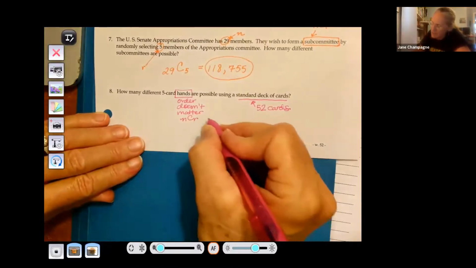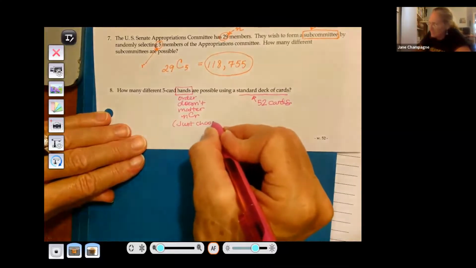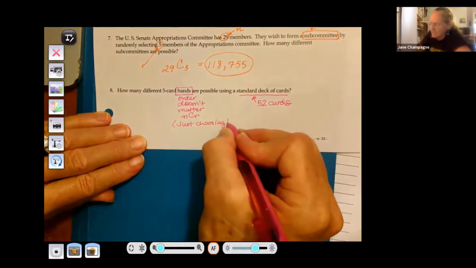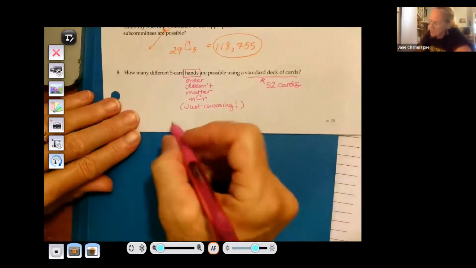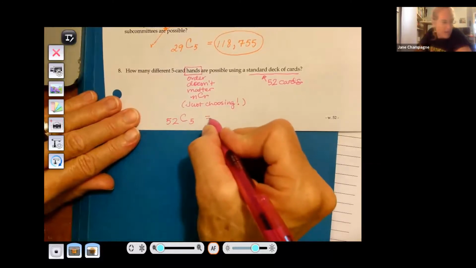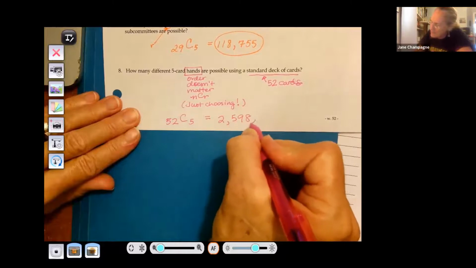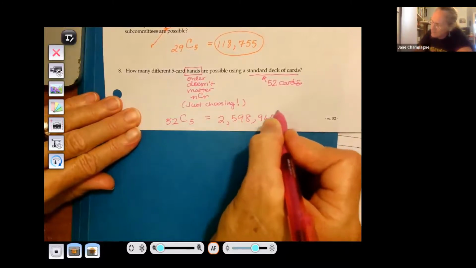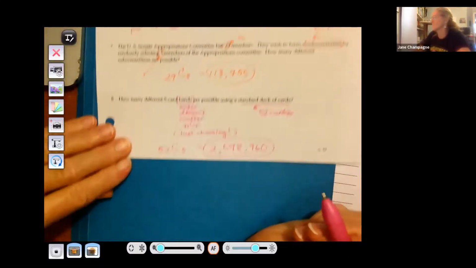You're just choosing. You're not permuting, you're not putting into position. You just have 52 cards and you're choosing 5. And that came to 2,598,960.